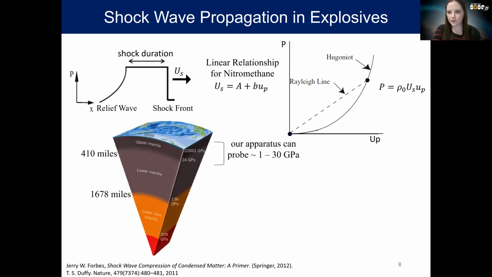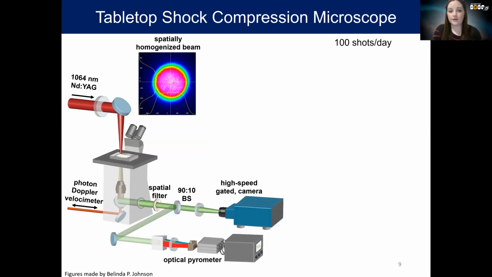And if you're not familiar with geology, you might be familiar with Mach 1, which is about 767 miles per hour or 0.33 kilometers per second. And so today I'm going to be talking about 1 to 6 kilometers per second, which is about 2,000 to 13,500 miles per hour.